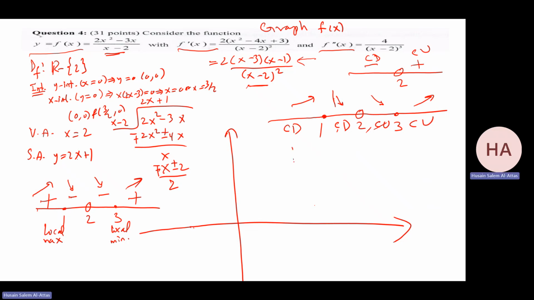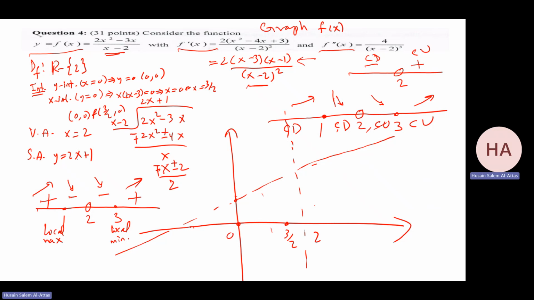They have a vertical asymptote here, and they have a slant asymptote here. Okay, slant asymptote. Yeah, it's a line. It should be like that. So this is the slant asymptote. And they have 3 over 2 here and 0 here.